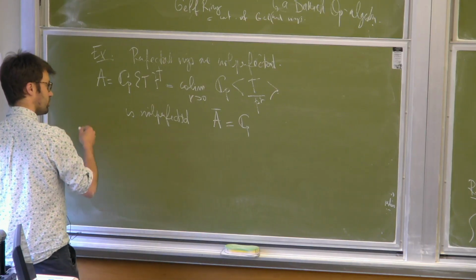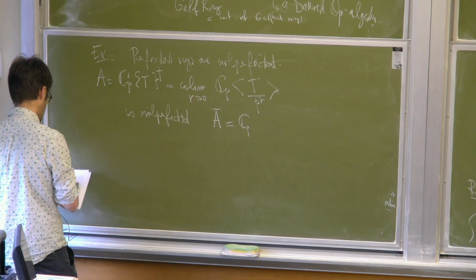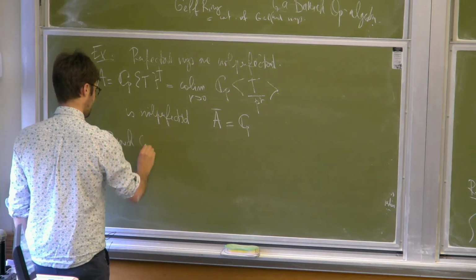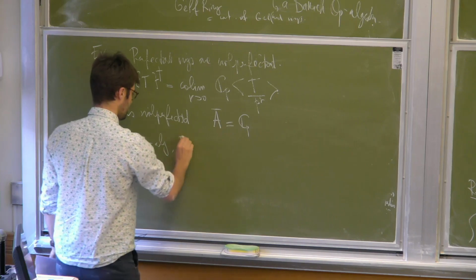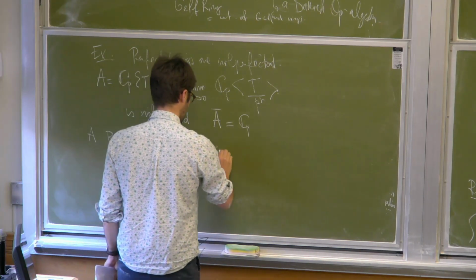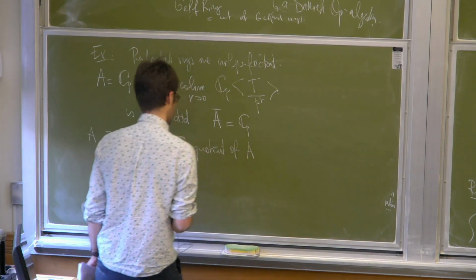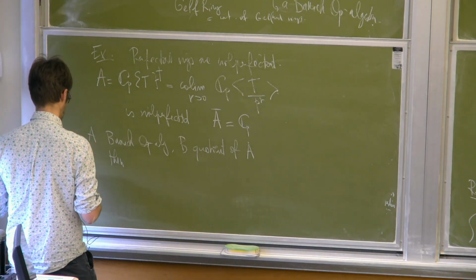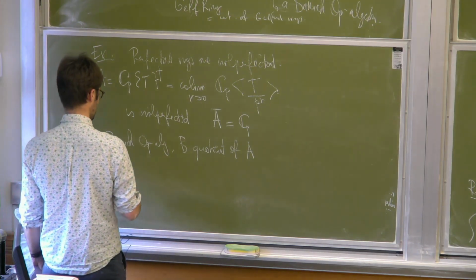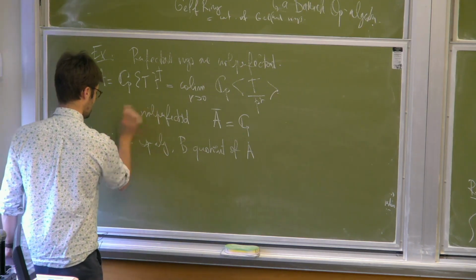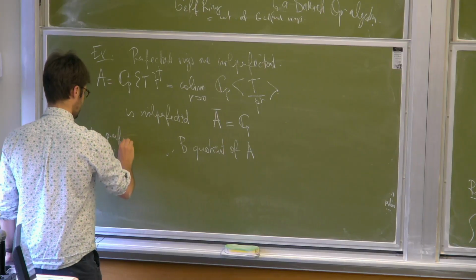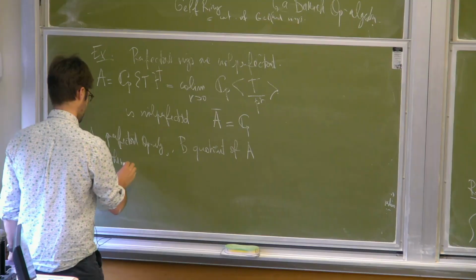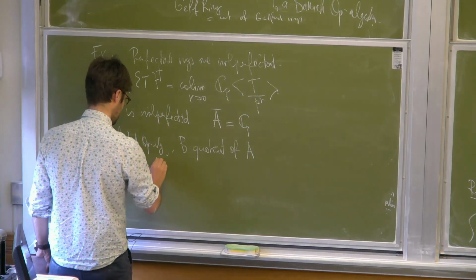And also a more interesting class of examples is if you have any Banach Q_p algebra A, and B is a quotient, then B is nil perfectoid. So take any quotient of a perfectoid Q_p algebra, then B is also nil perfectoid.